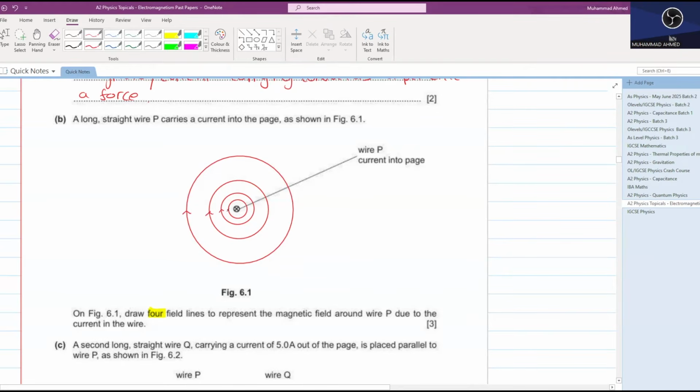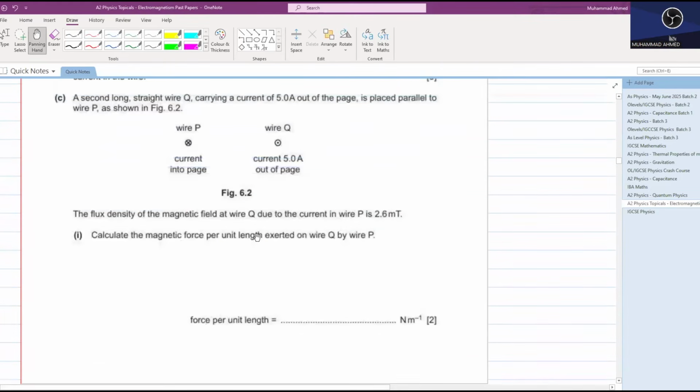Why? Because magnetic field is going into the page like this. So this simple question basically gives you 3 marks in A2 level. These questions make me laugh because this is just clockwise direction, four circles, and you are good to go with your 3 marks. Let's further move ahead. A second long straight wire Q carrying a current of 5 ampere out of the page.